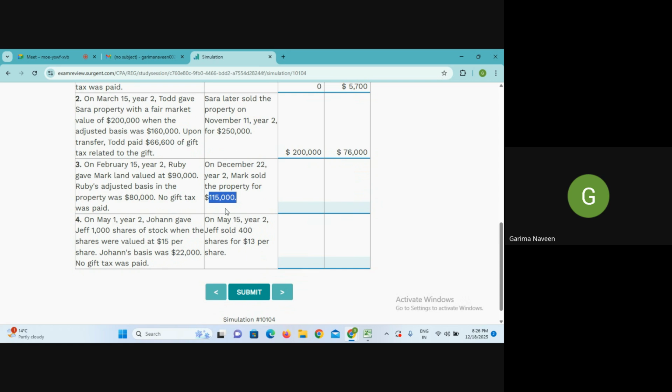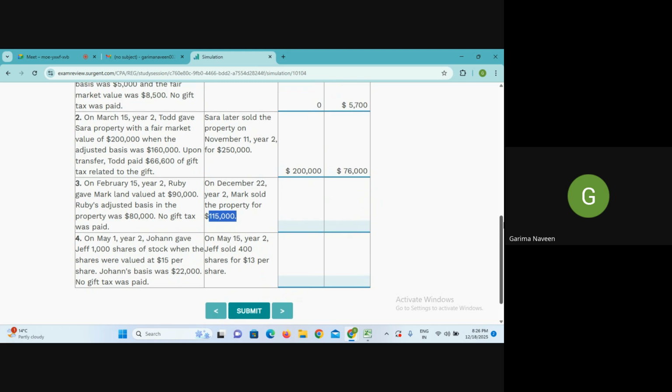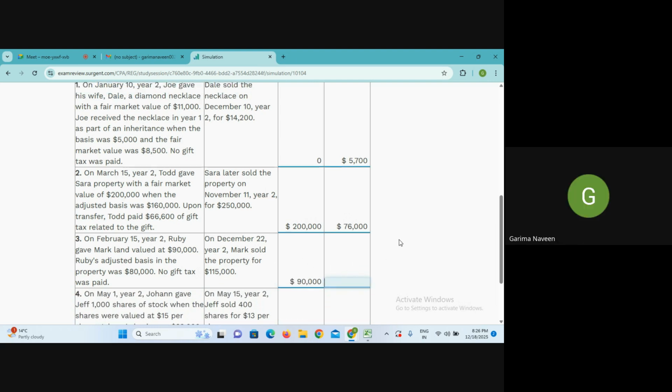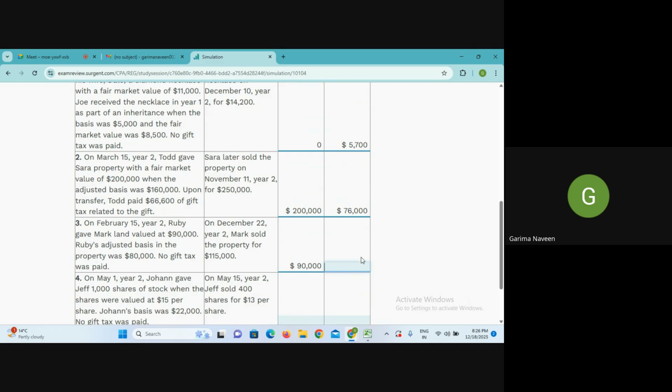So what should be the amount which will be subject to taxes? 90,000. And what should be the recognized gain or loss?